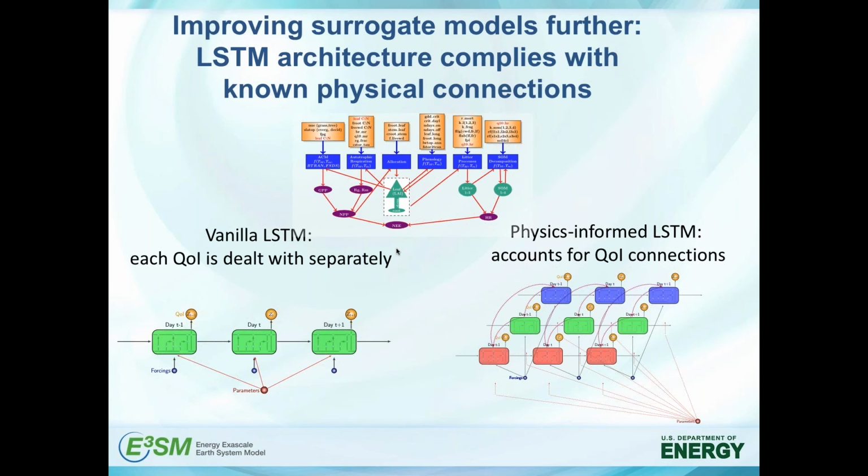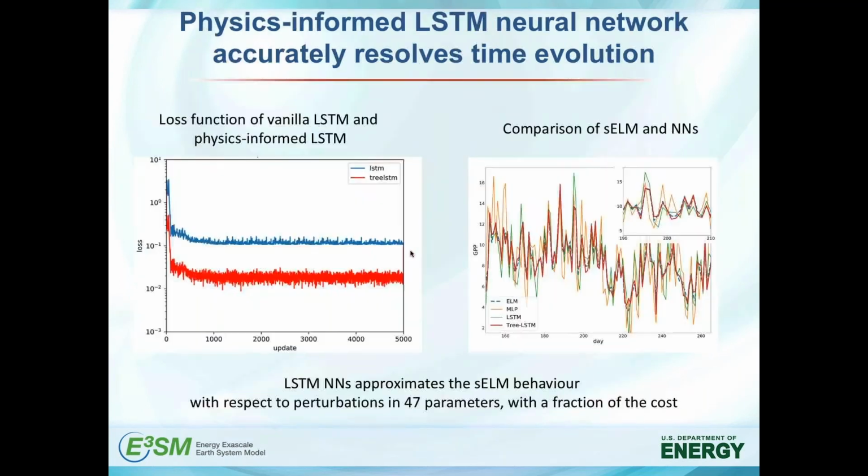For example, GPP, NPP, net primary productivity, NEE, net ecosystem exchange. And so when we do this, we have a physics-informed model. We find that it can be much more accurate than an LSTM that makes no assumptions about connections or physics within the model, in this case at a specific site that we were interested in.